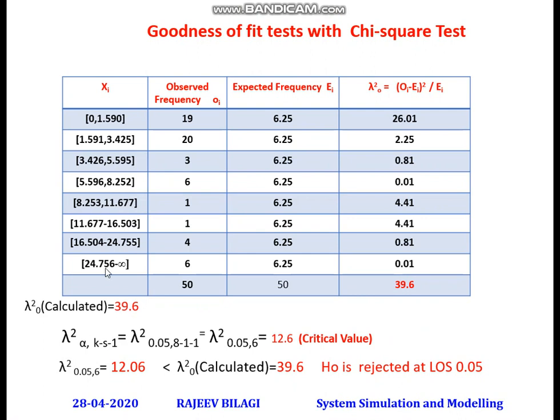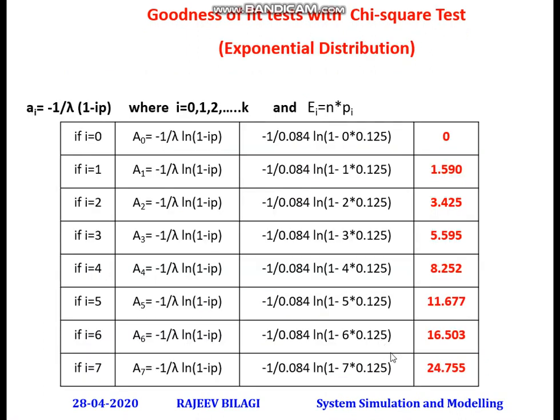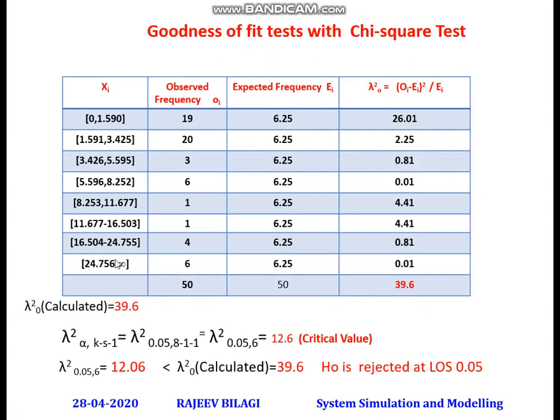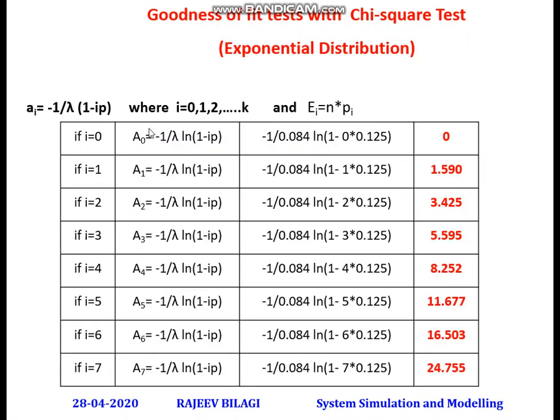Like this, if you look at the last class interval, it will be 24.756 to infinity. So the last limit should always be infinity. If you count the number of frequencies, 19 numbers will be in between 0 to 1.590 in the given list.